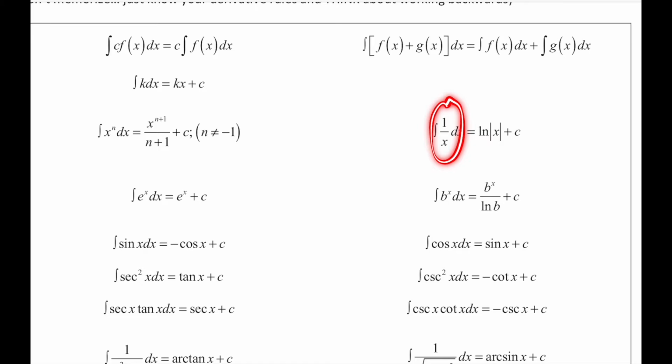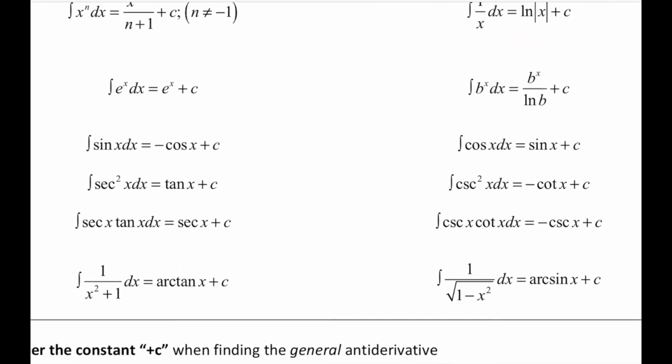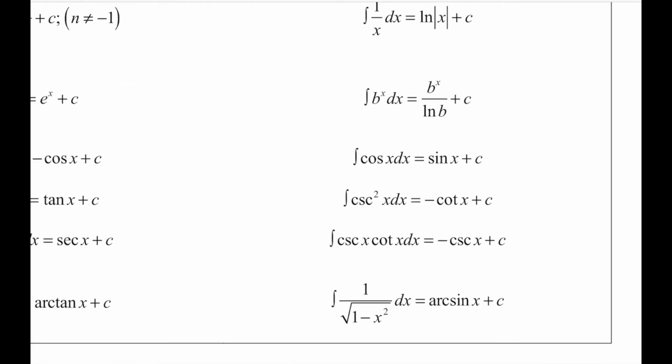The antiderivative of 1 over x gets us the natural log, and we discussed previously why we need the absolute value, thinking about the domain of that function, negative infinity to 0, along with 0 to infinity, so that absolute value makes certain that we have the same intervals. e to the x gives us e to the x. Any base function, b to the x, gives us b to the x over natural log of b.